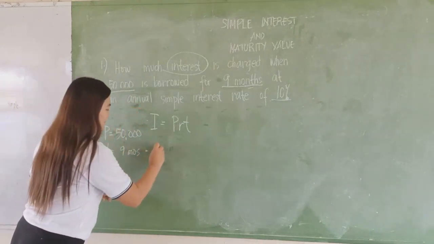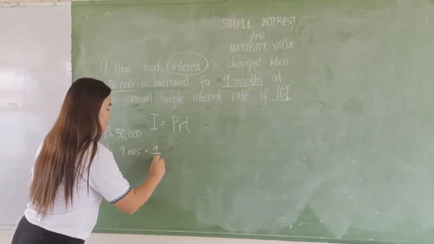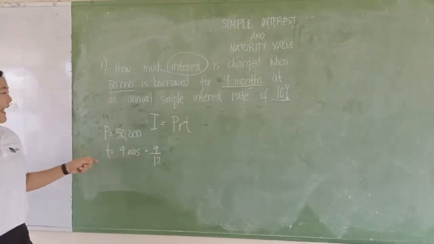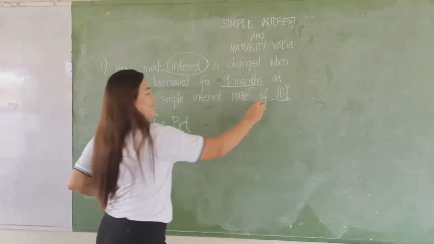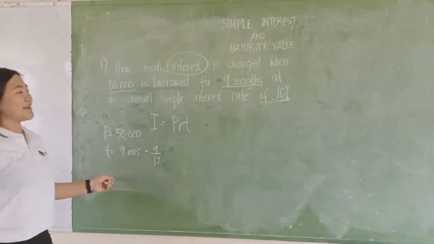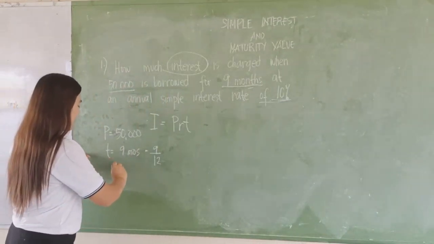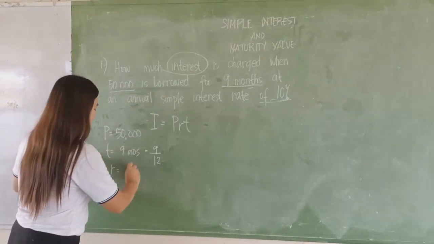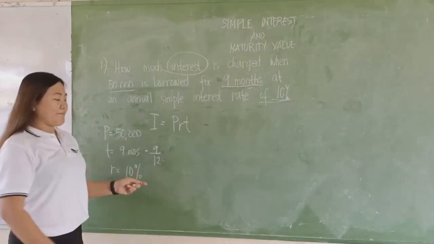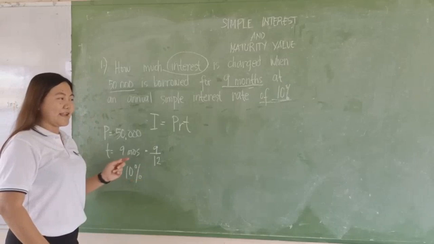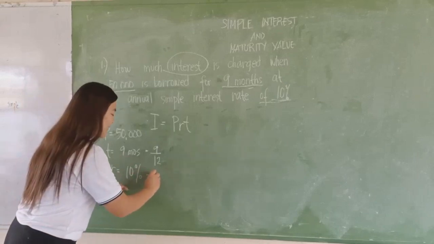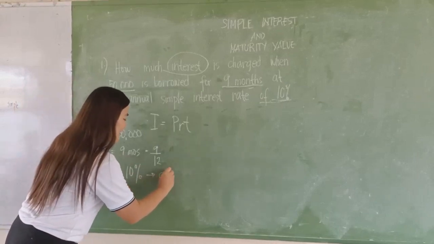So, 9 over 12. And then the last is the 10%, which is the interest rate, which is the R. So, naka-percent yung rate natin, gawin natin decimal, which is magiging 0.10.